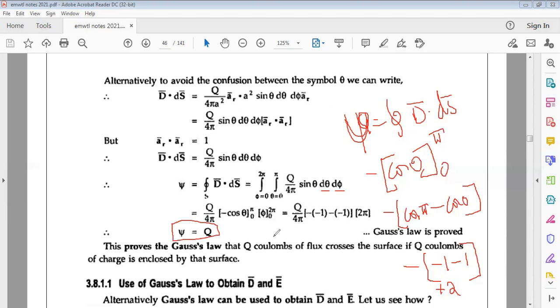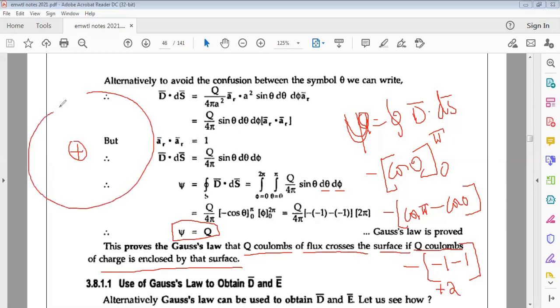So finally we are saying that this proves Gauss law: Q coulombs of flux crosses the surface if Q coulombs of charge is enclosed by that surface. It means the positive charge is there inside the closed surface.